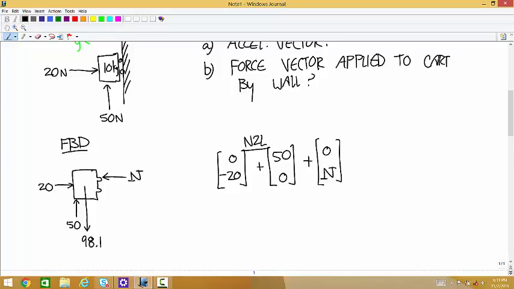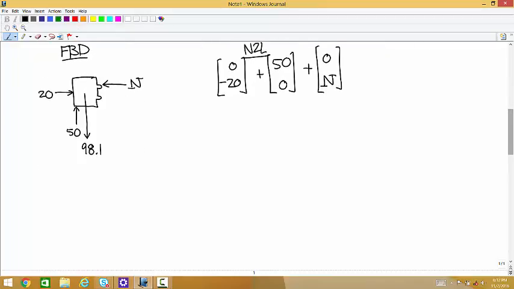If you don't see what I'm saying about it being in the negative x direction, you can think of it as just like all those vector problems that you did. We have a force going this way of 98.1. And we have a coordinate system like this, with x this way, y this way.